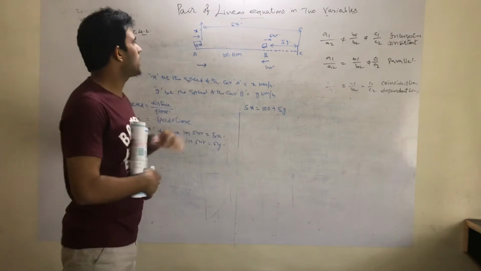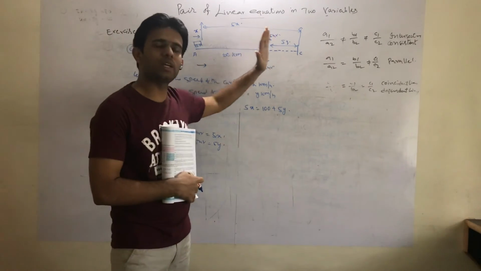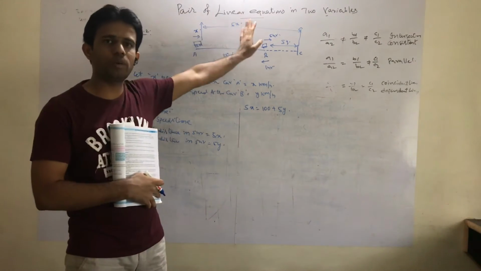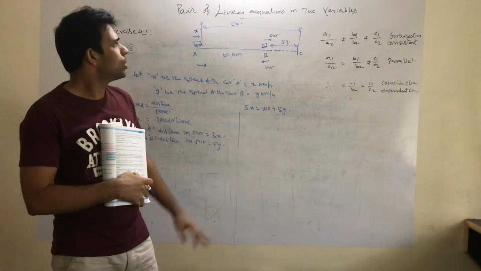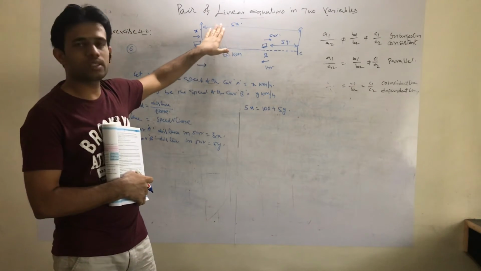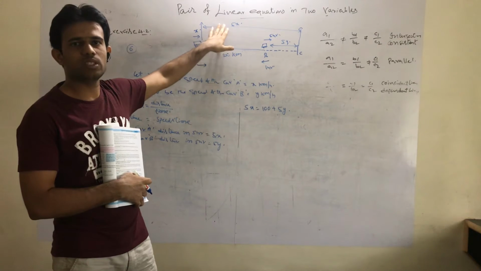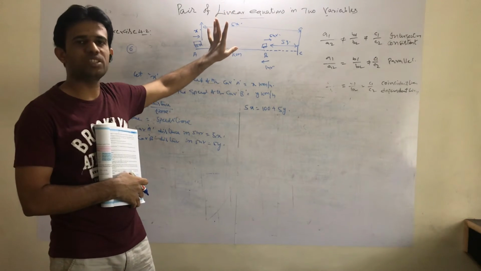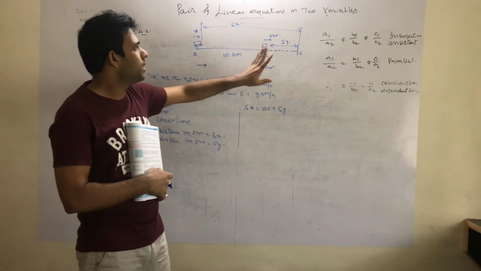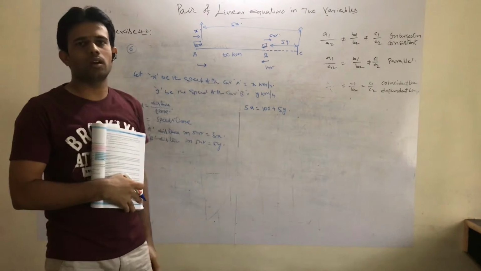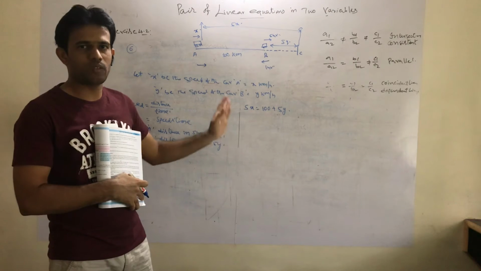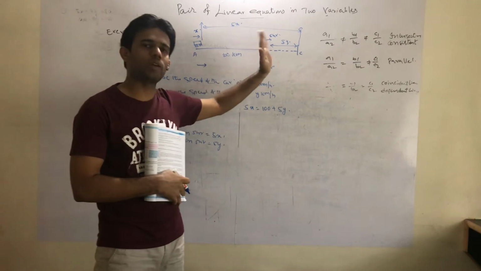So if car A needs to meet car B, car A has to travel 100 kilometers plus whatever distance car B travels. The distance that car A can travel in 5 hours is 5x, because its speed is x kilometers per hour. And with a speed of y kilometers per hour, car B can travel 5y distance.